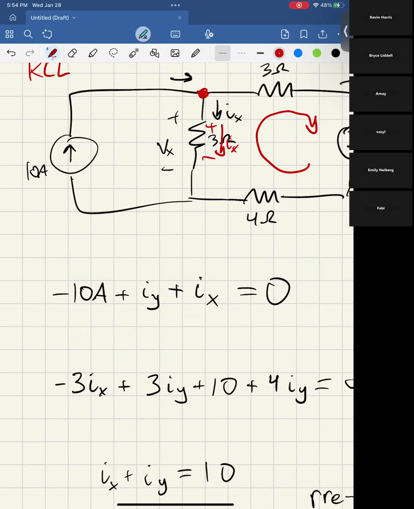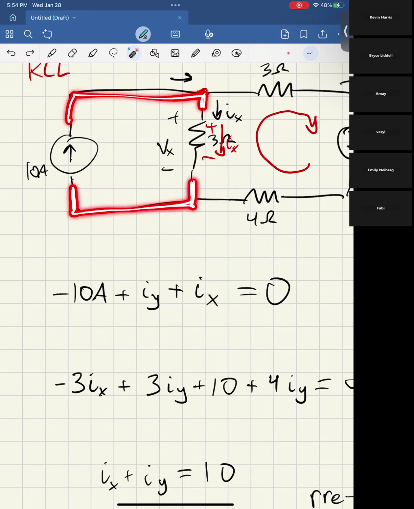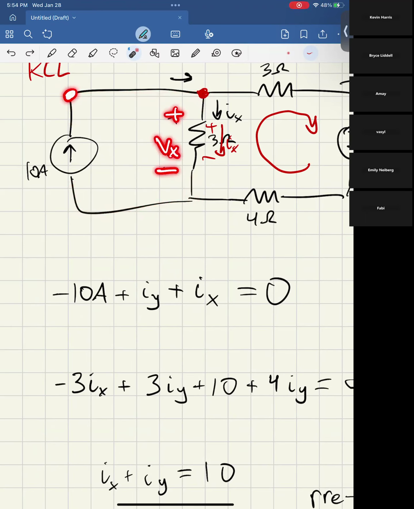So Vx is here. And if you look at the circuit, your resistor here and your current source are in parallel, which means that it's connected on the top and it's connected on the bottom. As you hopefully know, the voltage of a wire does not change.